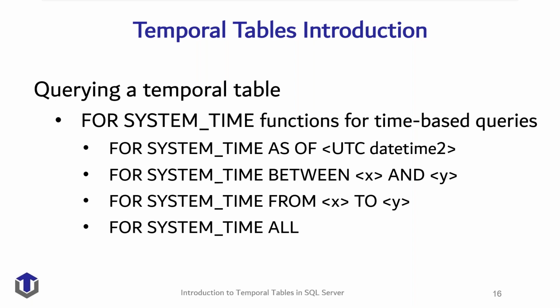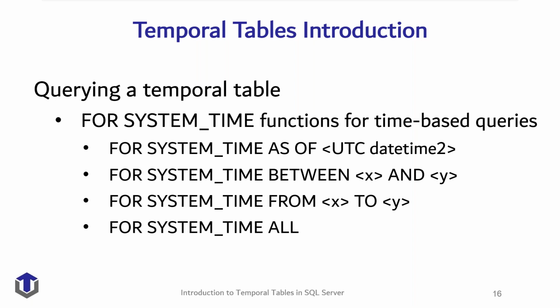The only difference between the BETWEEN operation and the FROM operation is that BETWEEN is inclusive and FROM is exclusive. So BETWEEN will give you everything starting at X and ending at Y, including X and Y. And then FROM will give you everything from X to Y, but not including the X and Y periods.